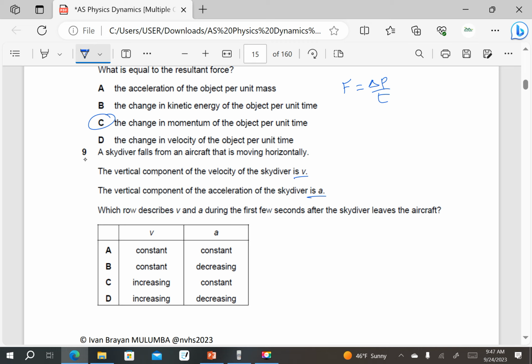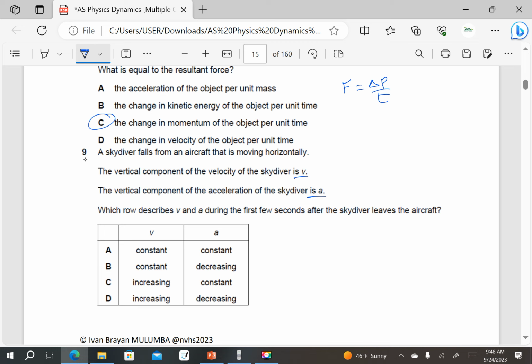So first of all, it falls from an aircraft that is moving horizontally. Okay, so he himself may not be moving horizontally, he's falling downwards. The vertical component of the velocity of the skydiver is v, and the vertical component of the acceleration of the skydiver is a.